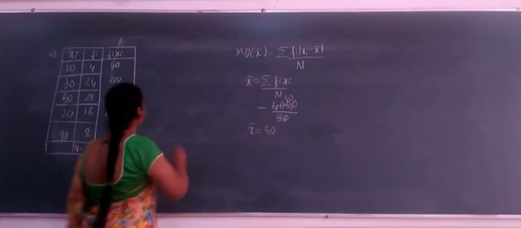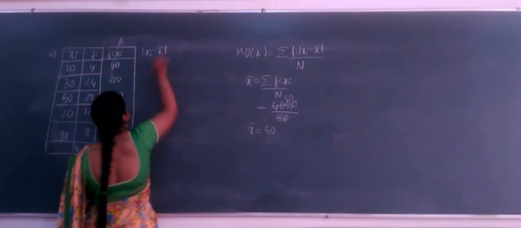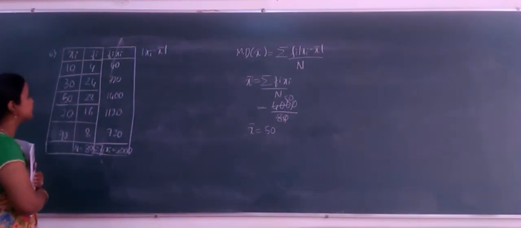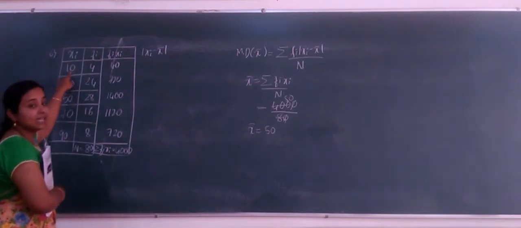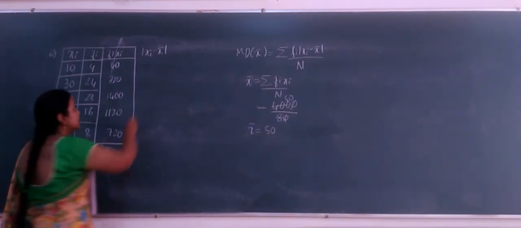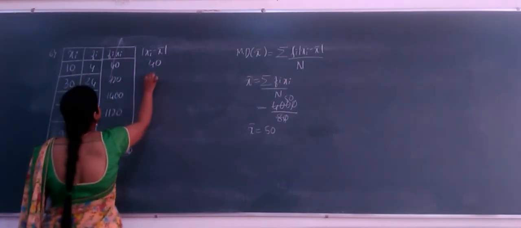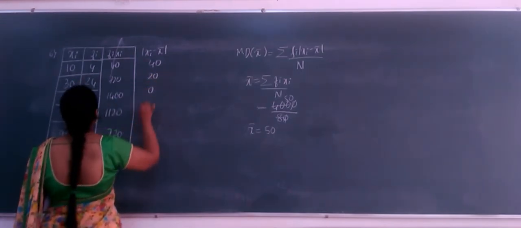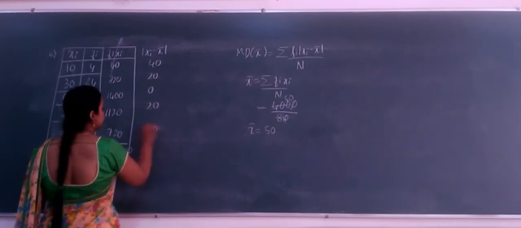Next our column will be modulus of xi minus x bar, that is, each observation will be subtracted from 50 and its modulus taken. 10 minus 50 is minus 40 and its modulus will be plus 40. Next it will be 20, 0, again 20 and 40.